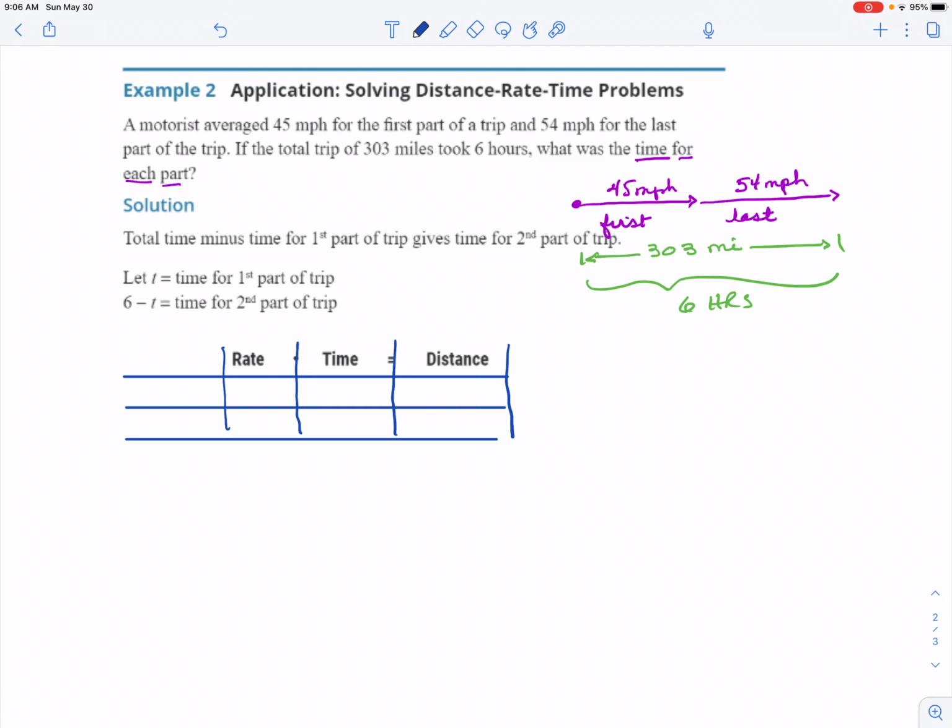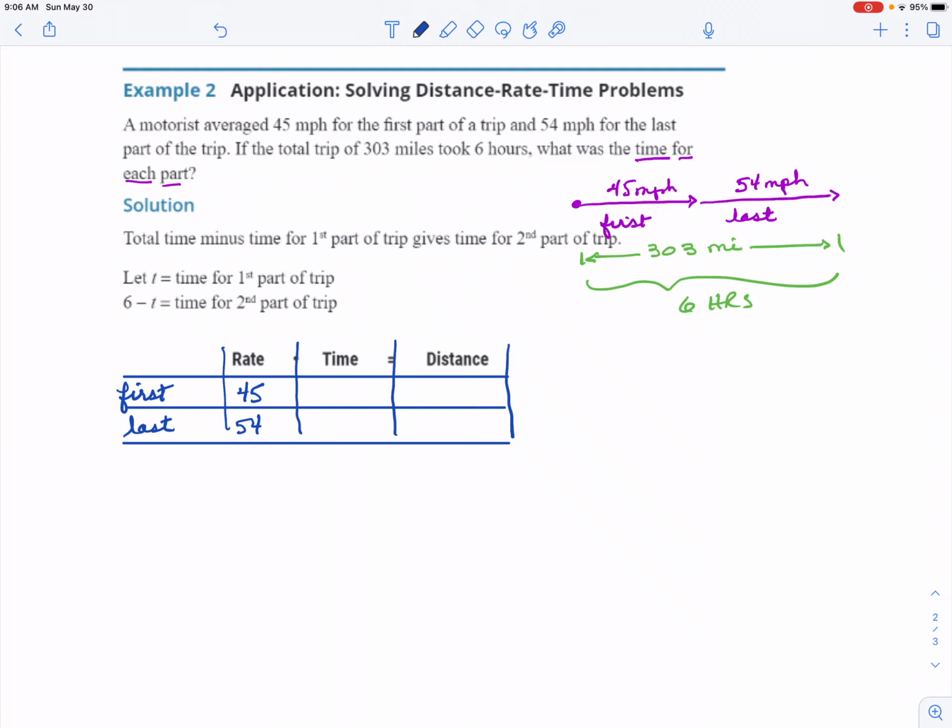Okay, so I have a first part of the trip, and no, they didn't call it a second part, they called it a last part. Okay, so the rates are easy. First part of the trip, 45 miles per hour. Second part of the trip, 54 miles per hour.